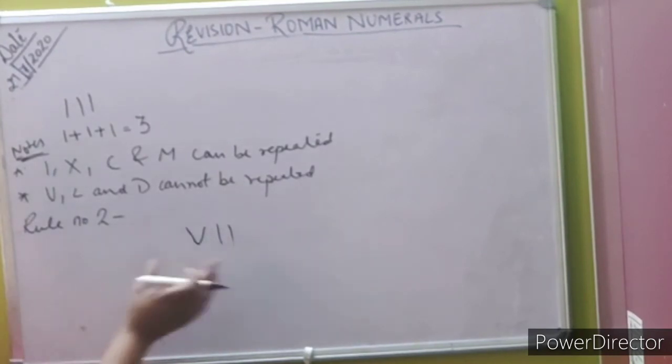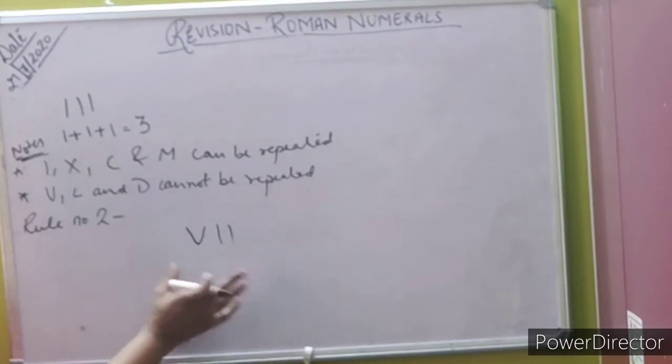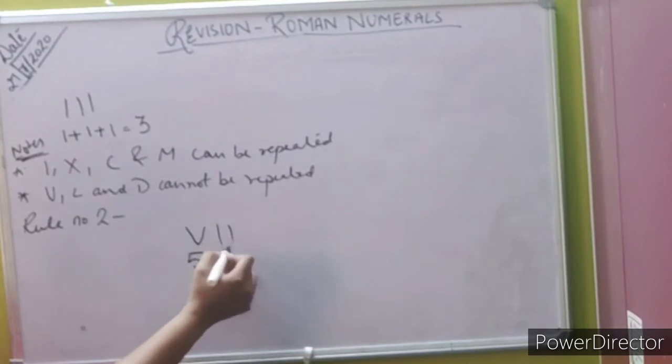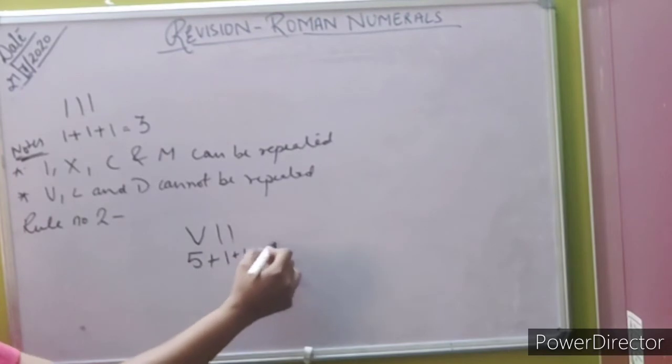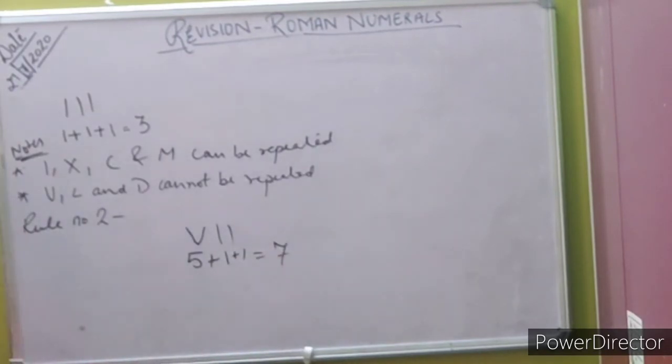It is always added to the larger numeral. Like V stands for 5, I stands for 1 and I stands for 1. So this is 7.